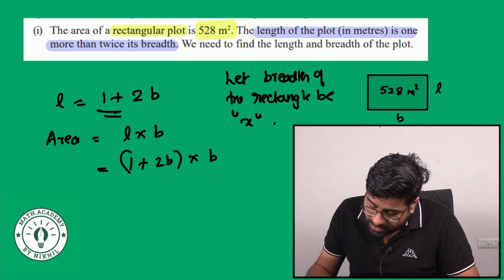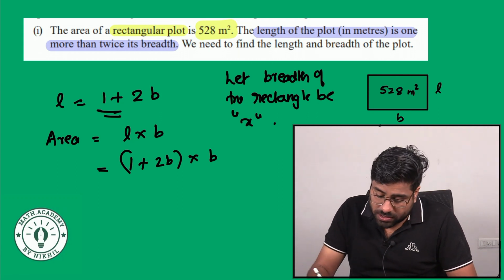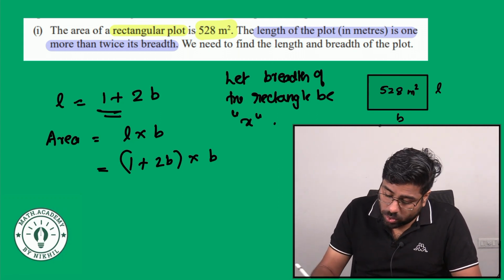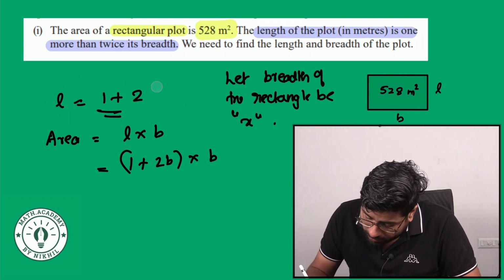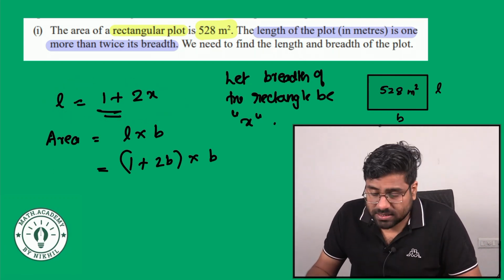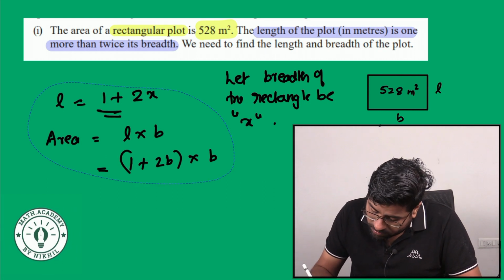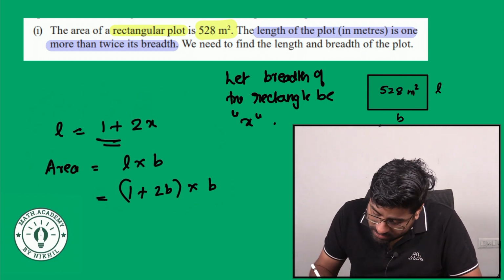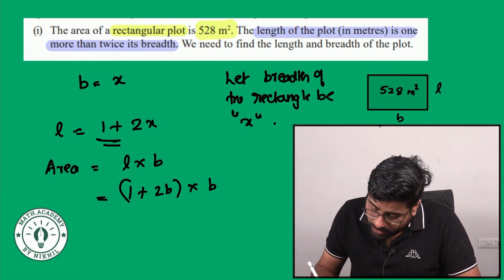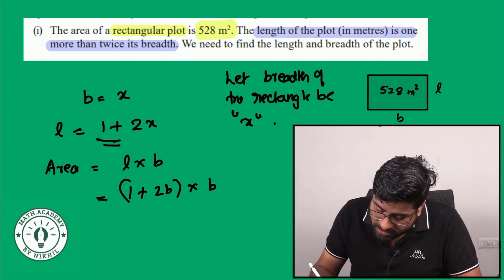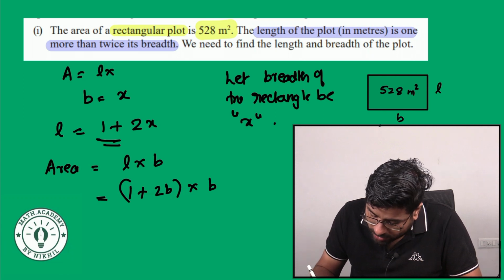In this expression, length L is equal to 1 plus 2b. I am going to replace that b with x. And I am going to write a statement before that, b is equal to x. And I need one more statement before that, area is equal to length into breadth.